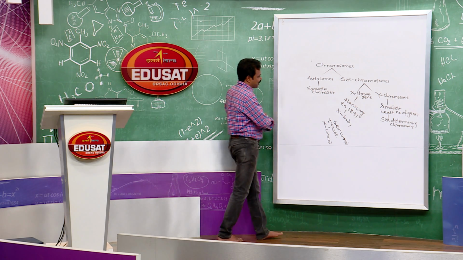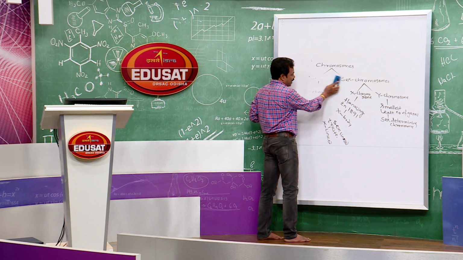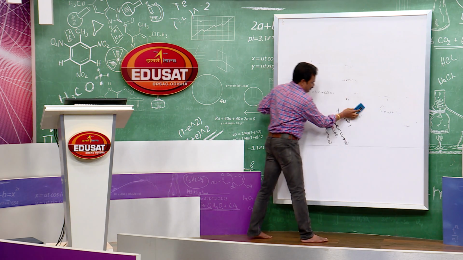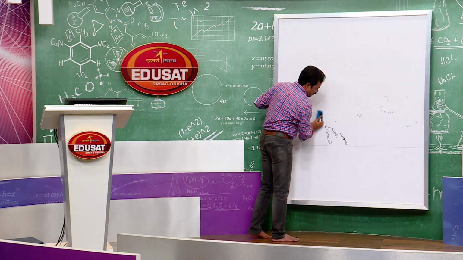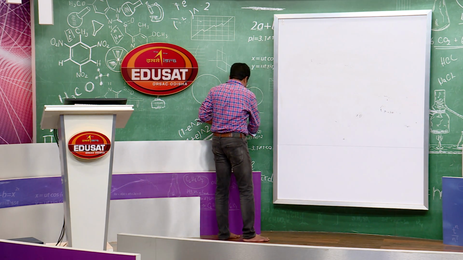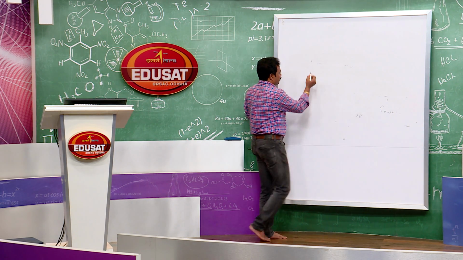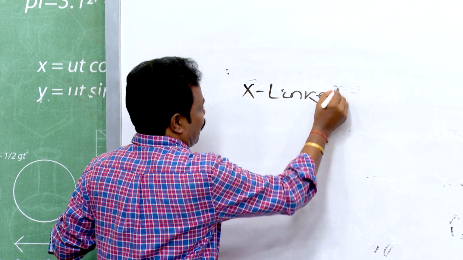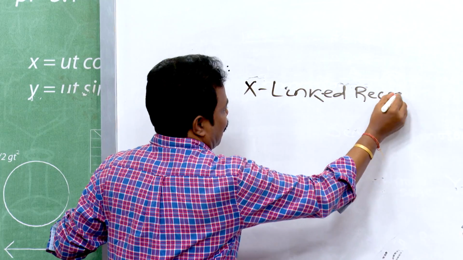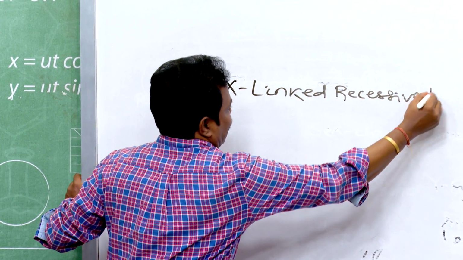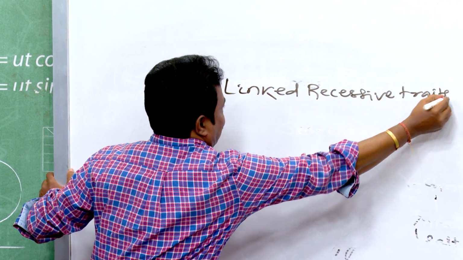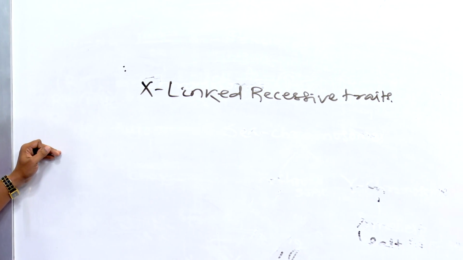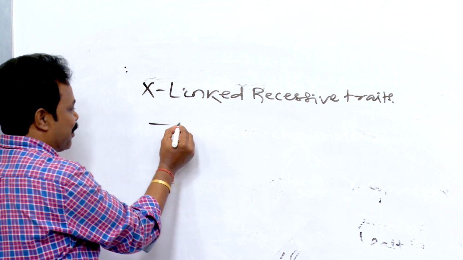Now, we shall discuss some characteristics of X-linked recessive traits. Genes for these traits are recessive and located on the X chromosome.